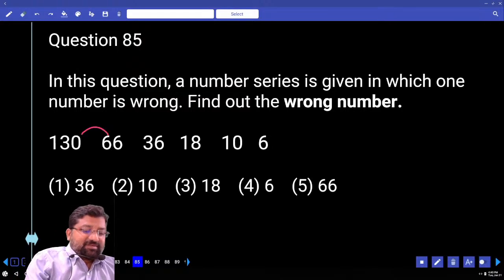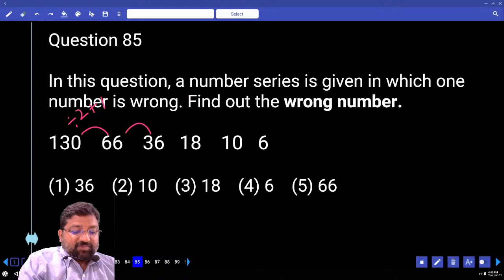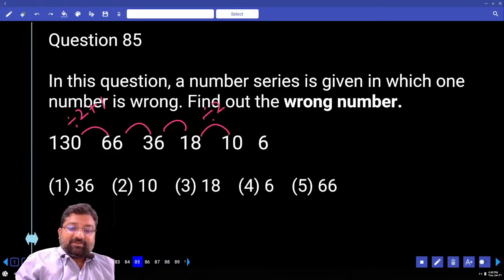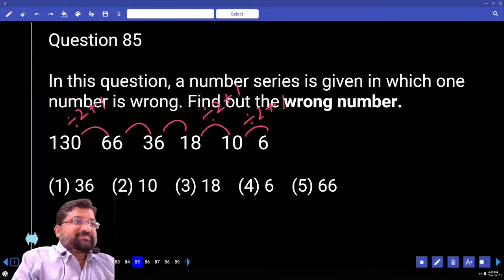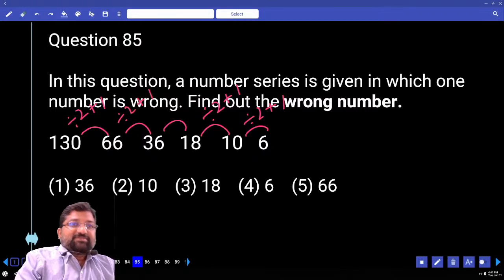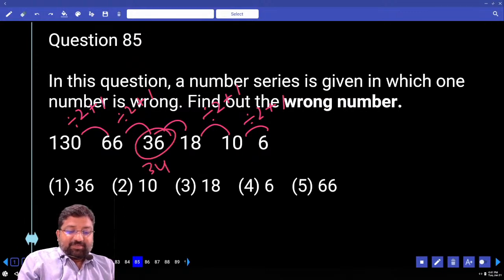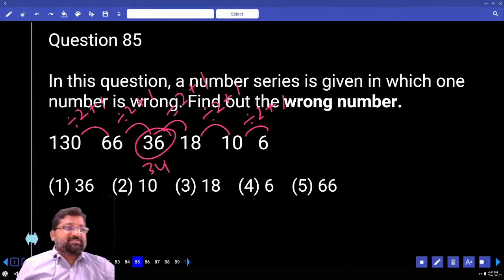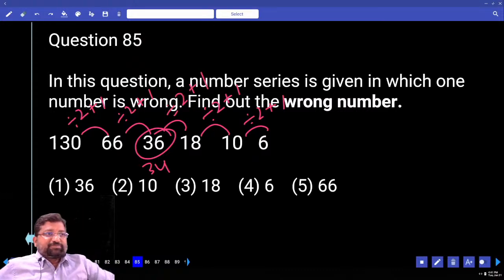Into 0.5 or divided by 2: 65 plus 1, divided by 2 is 33. This is divided by 2, this is divided by 2, 9 plus 1 divided by 2, 5 plus 1. Now what should I do? Divided by 2 plus 1: 33 plus 1 is 34. 34 divided by 2 is 17, plus 1 is 18. Clear? Any doubts? Thank you.